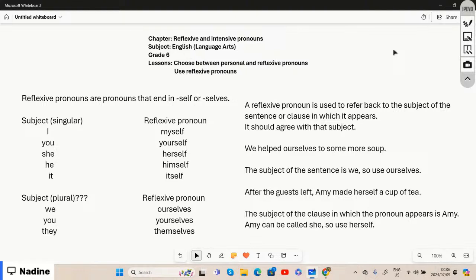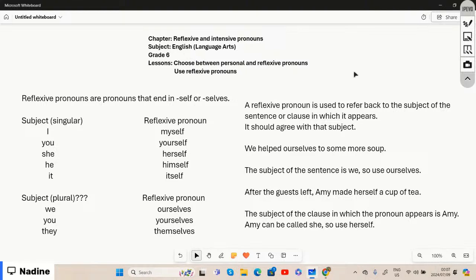All right. So there are different types of pronouns, right? Remember, a pronoun takes the place of a noun. With the different pronouns that we have, you can either have reflexive pronouns or you can have intensive pronouns.